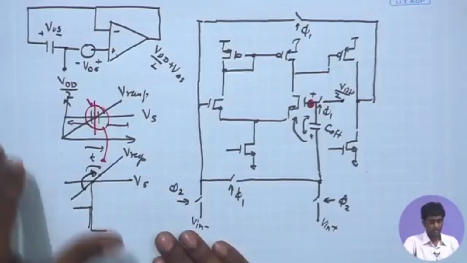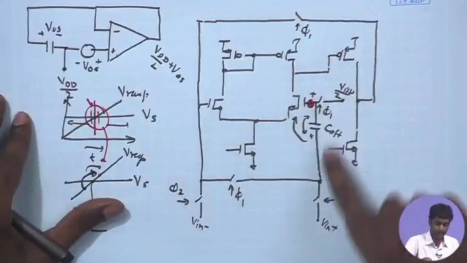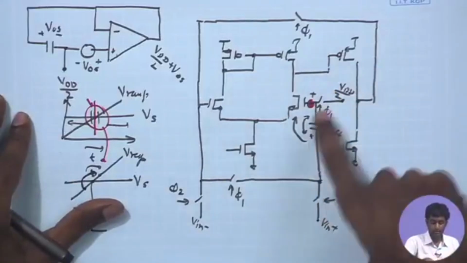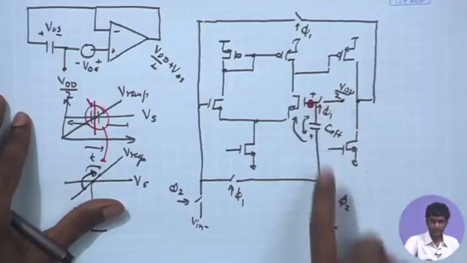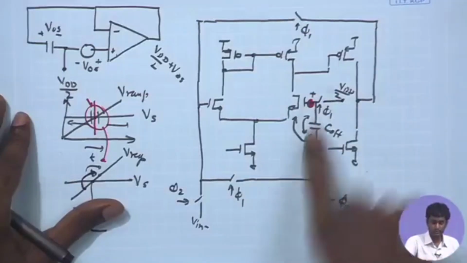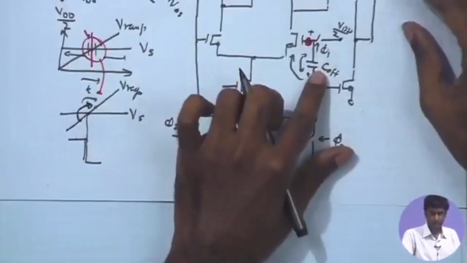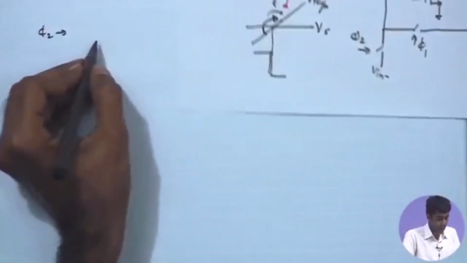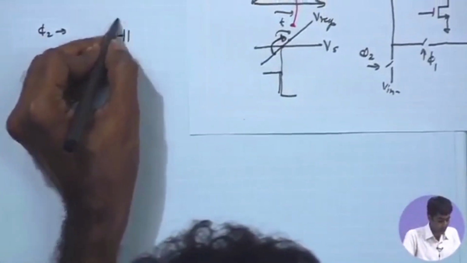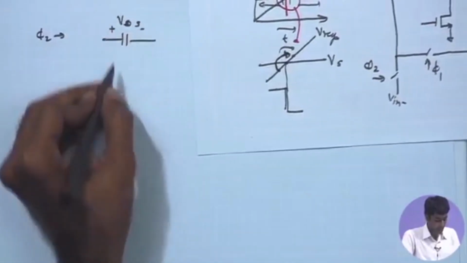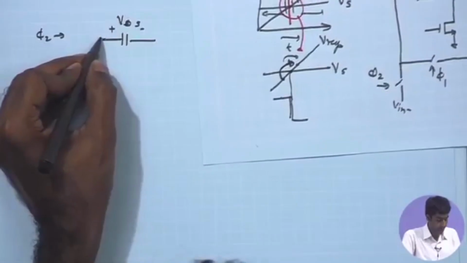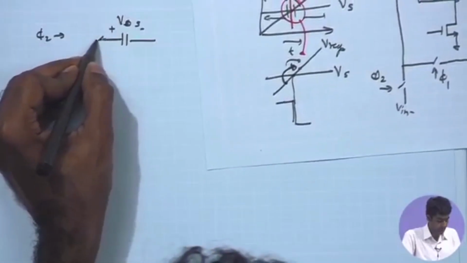So, for example, when the phi 2 mode is active, we have the switch over here which is off, and you have the input signal applied to the C offset. So, in the phi 2 phase, what is the condition of this switch, this capacitor? You have the V offset stored over here, and you have the switch which is connecting this to input.